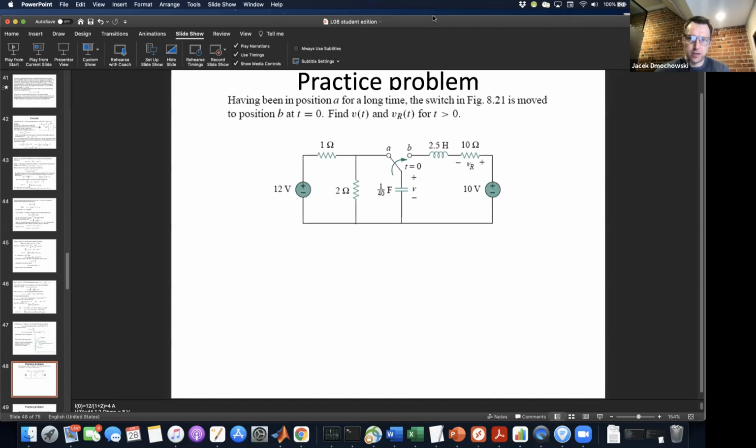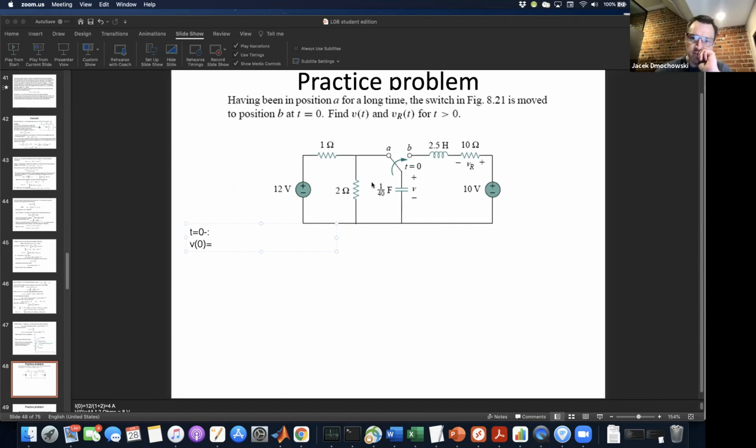So the first thing I'm going to do, I'm going to try to get some help here. What is the value of the capacitor voltage here when the switch is in position A?